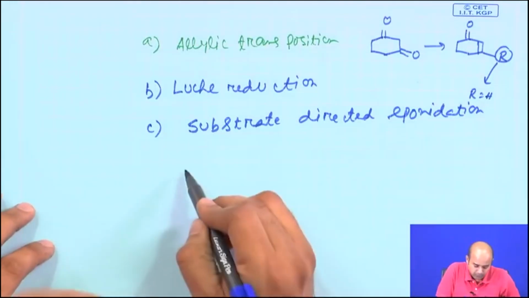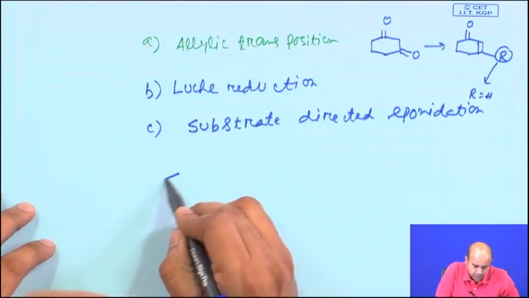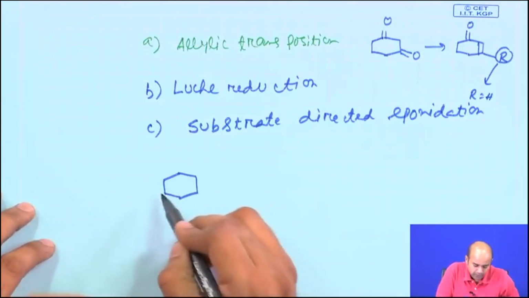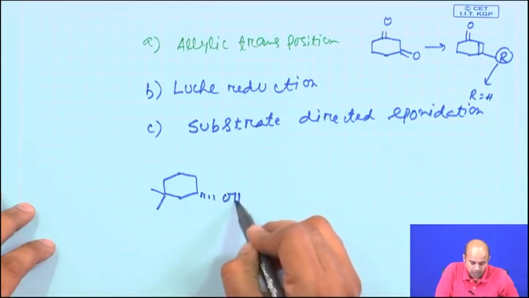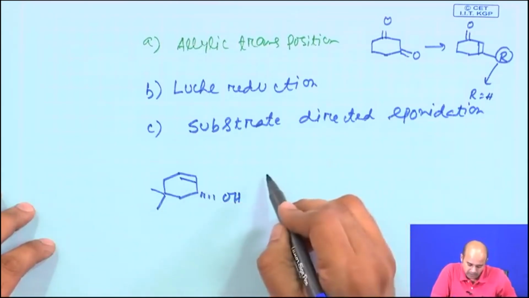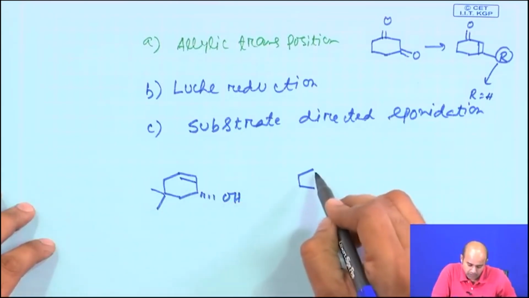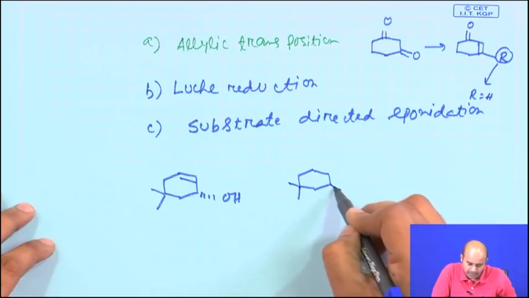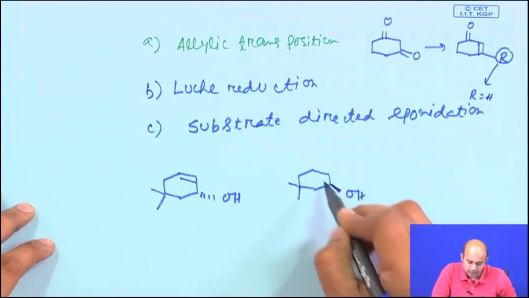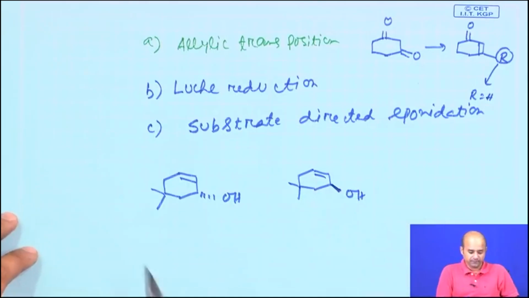Now, in this case of the Magnus ring contraction, you basically have two olefinic compounds, either this enantiomer or this enantiomer. We have taken only one enantiomer for the sake of simplicity, and this one we have explained.